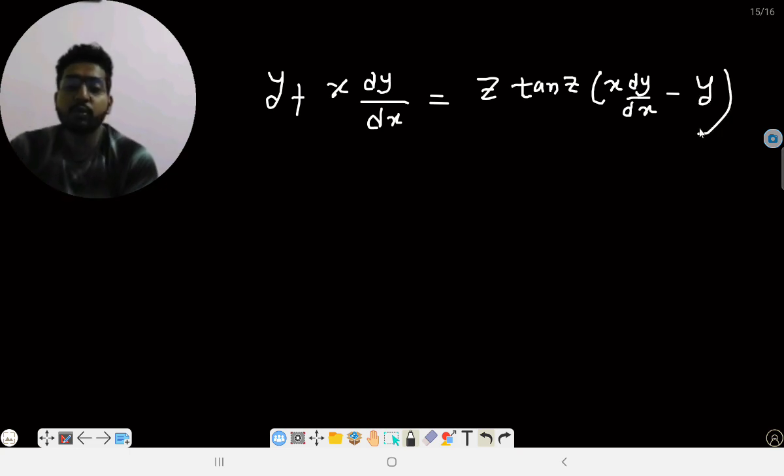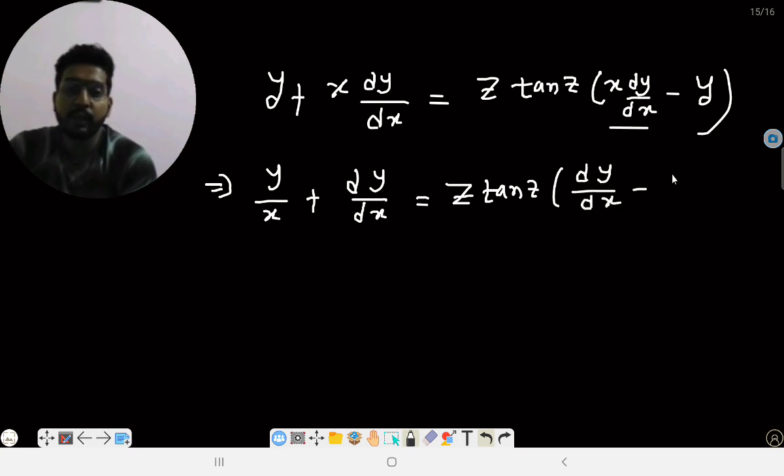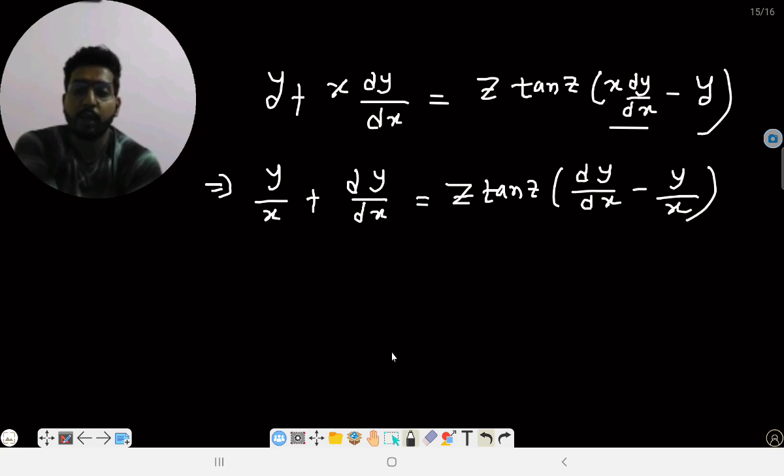Okay, that means we have divided both sides by dx. Now both sides you can divide by x. If I divide by x, it will become y/x plus dy/dx equals z tan z, dividing by x, dy/dx minus y/x. Now put the values.